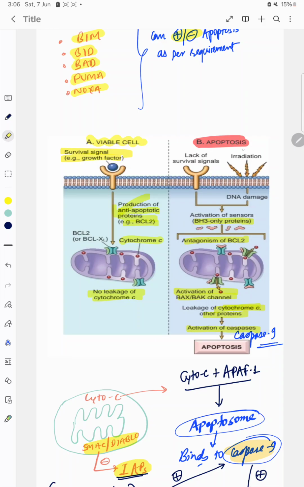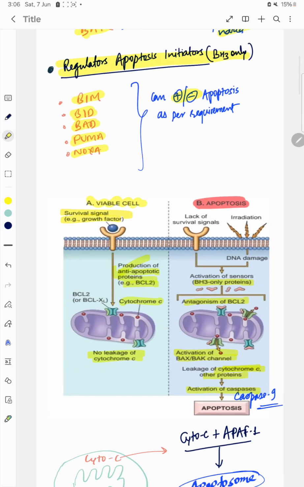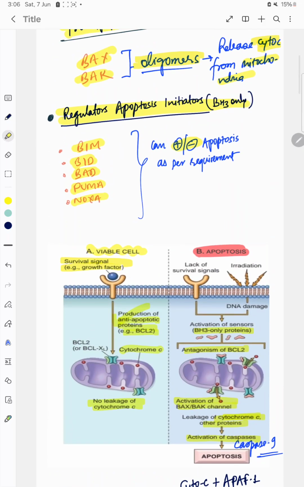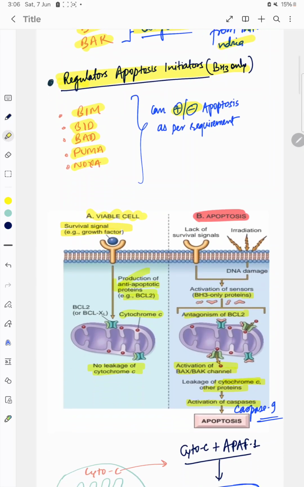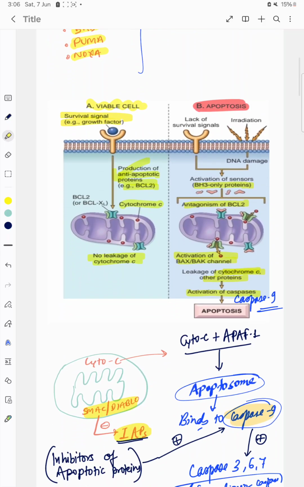In apoptosis, there is a lack of survival signal or exposure of the cell to some injurious stimuli, which results in the activation of BH3-only proteins. BH3-only proteins, as we can see, are regulators and apoptosis initiators; they can promote or inhibit apoptosis as per the requirement.